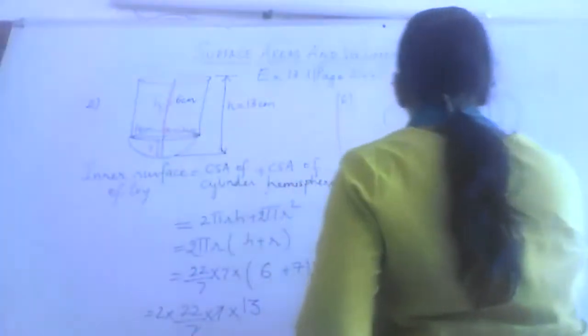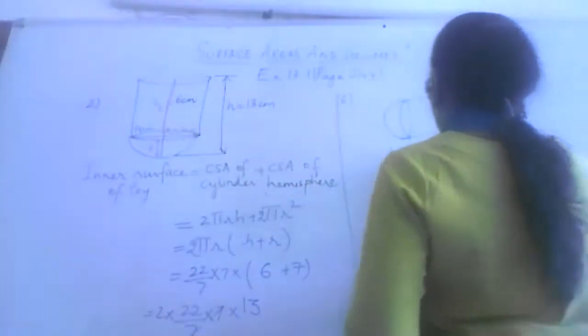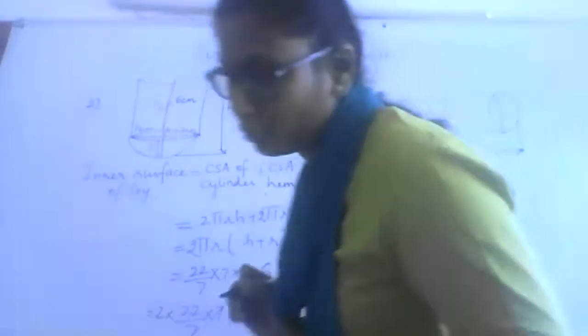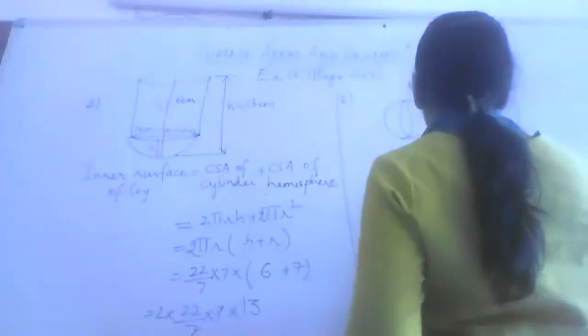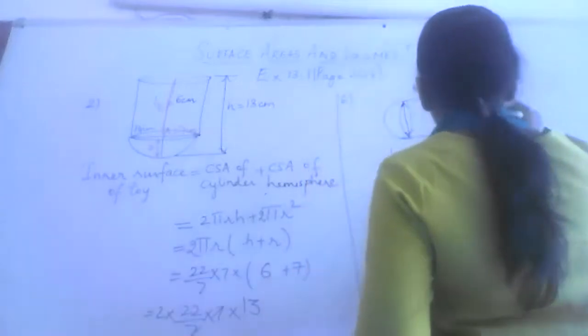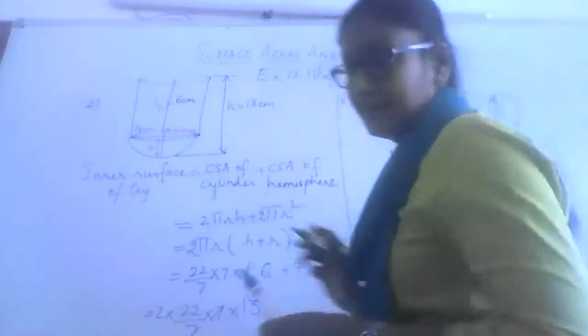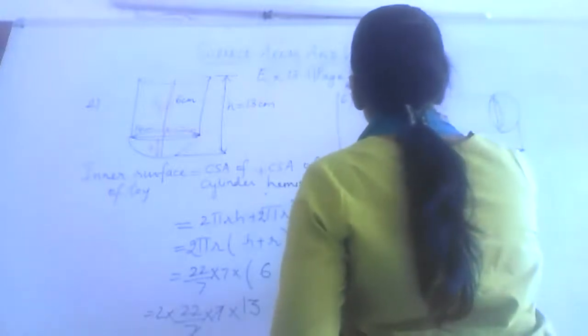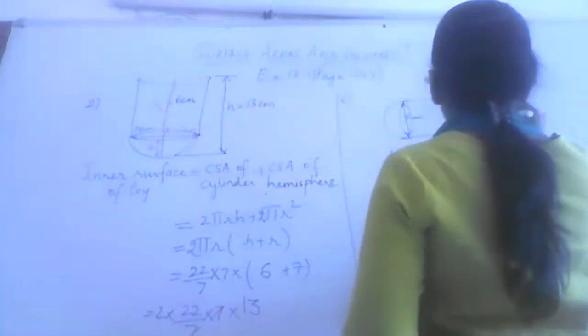So you will have the total length of the capsule as 14 millimeters, and the diameter of each of these hemispheres is given as 5 millimeters. This is 5 millimeters, this is also 5.